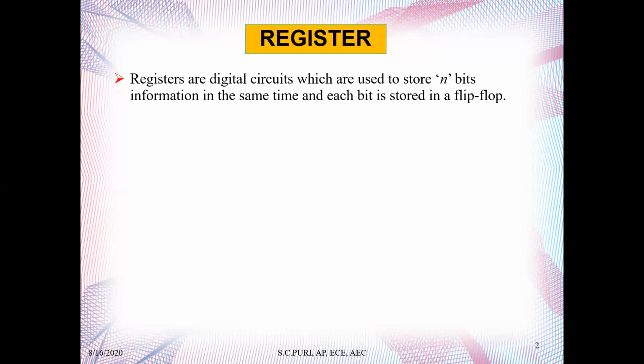So if you want to store n-bit information, or you want to have n-bit information in hand, then you need to have a collection of flip-flops. And a collection of flip-flops is basically a register in some way.